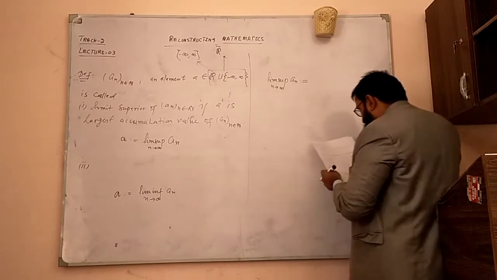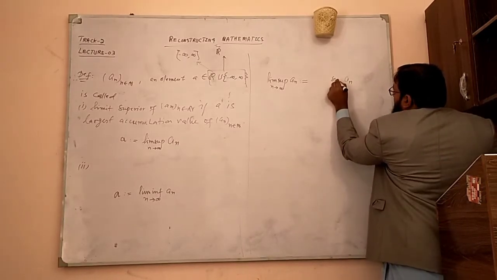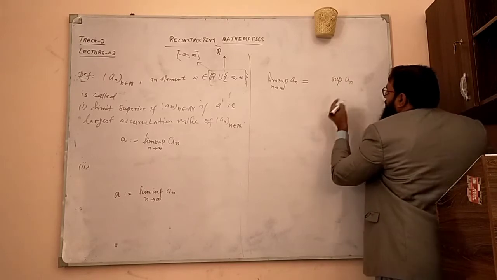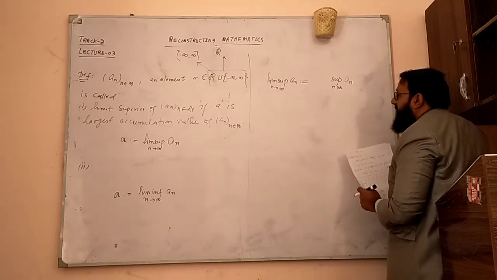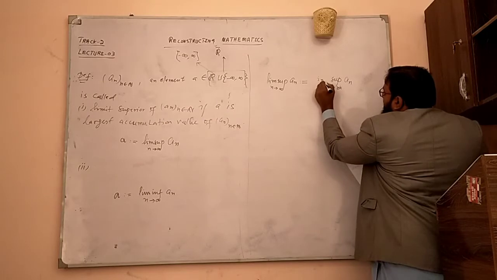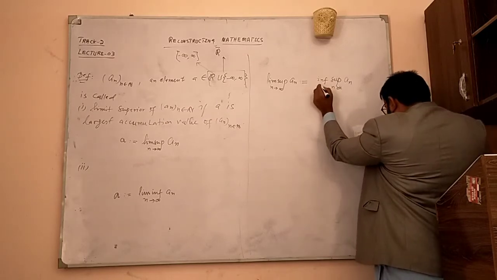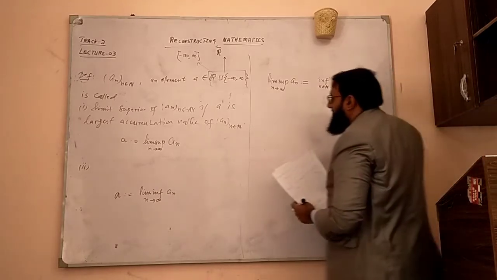So the definition is, you have a sequence an, you take its supremum for n greater than or equal to some fixed value k, and then you take its infimum over k belonging to the set of natural numbers.